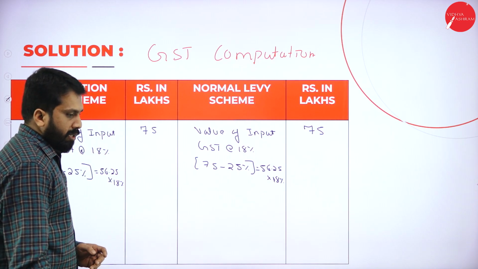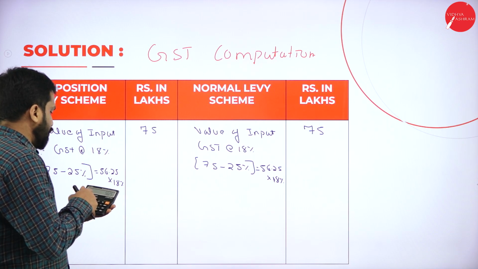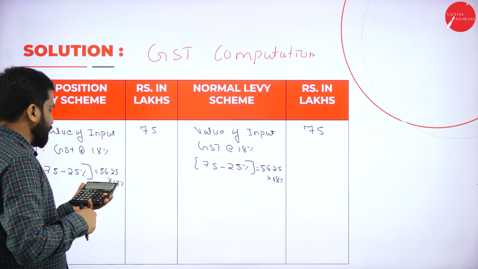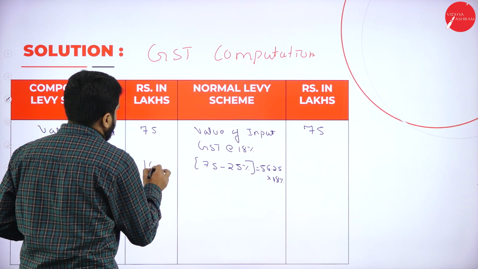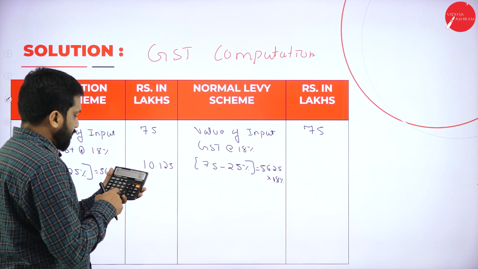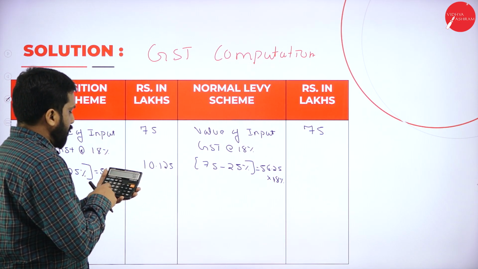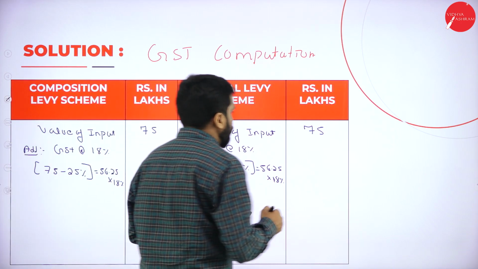Now calculate: 56.25 into 18%, 10.125. You got 10.125. Similarly, 56.25 into 18%, I got 10.125.